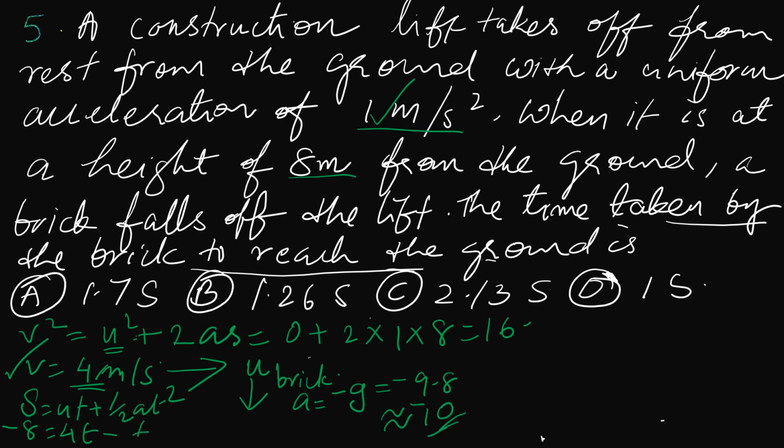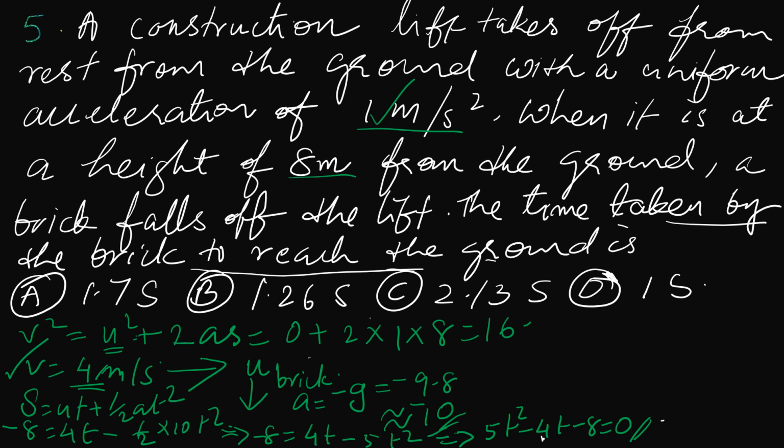So minus 8 equal to 4t minus 5t square, or 5t square minus 4t minus 8 equal to 0.